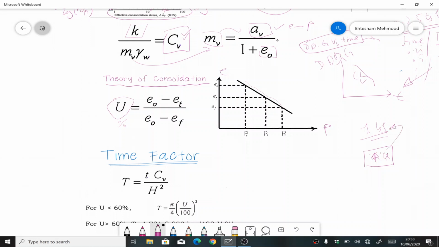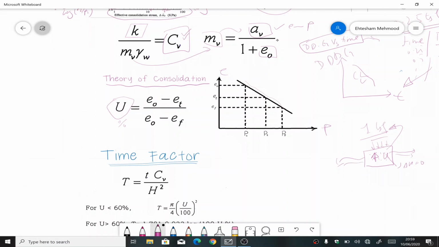Then with time, excess water is going to move out until this delta U becomes equal to 0. That means all the pore pressure generated due to this additional load of 1 TSF has dissipated, all has moved out.